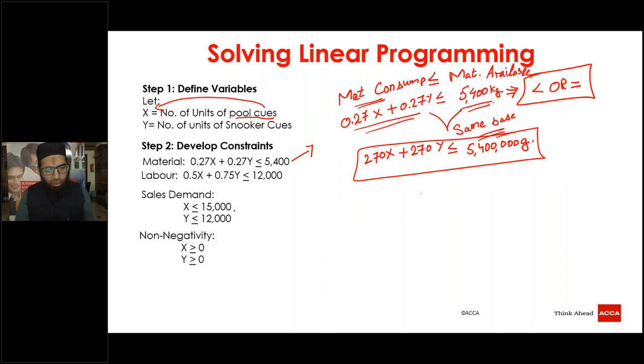And if I move on, there are non-negativity constraints. Non-negativity constraint means that the value of X and Y cannot be negative. So any acceptable answer should have X greater than or equal to 0 and Y also greater than or equal to 0.